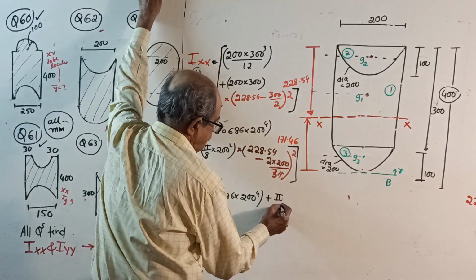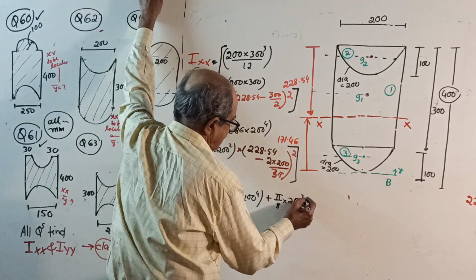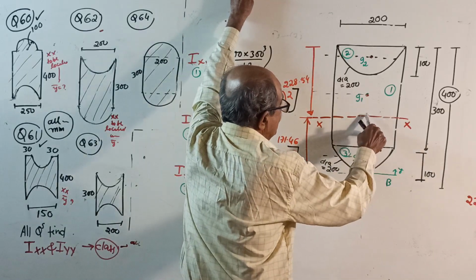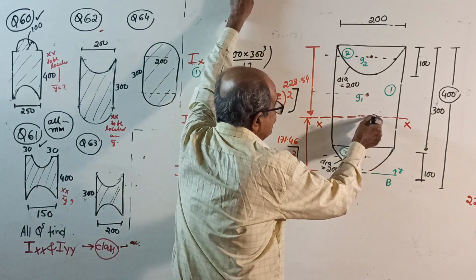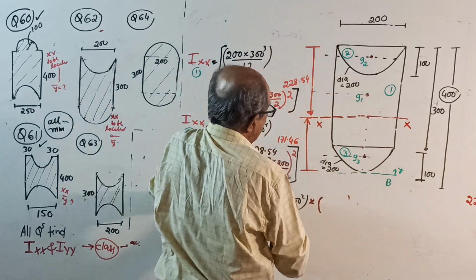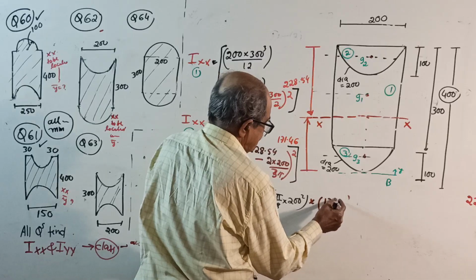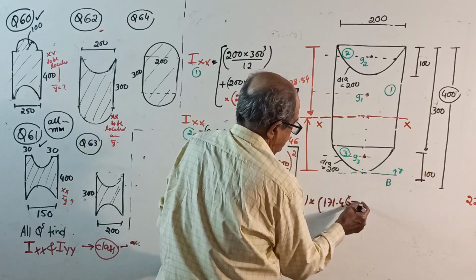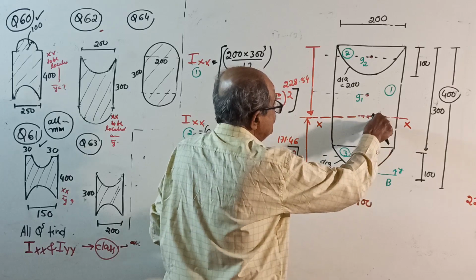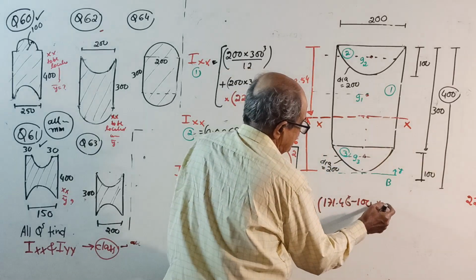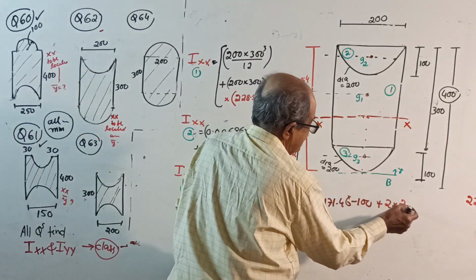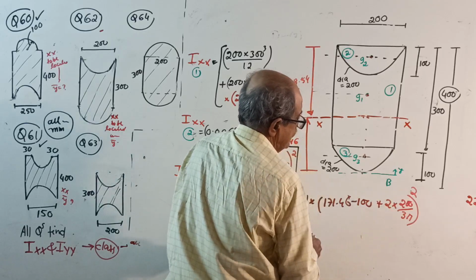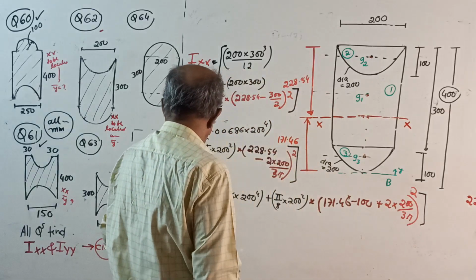Plus area, pi by 8 of 200 square is the area, into, from centroid to here, this distance square is 171.46 minus 100, that will give you this distance, plus 2 into diameter, 200 divided by 3 pi, whole square. Calculate I about xx for 3.